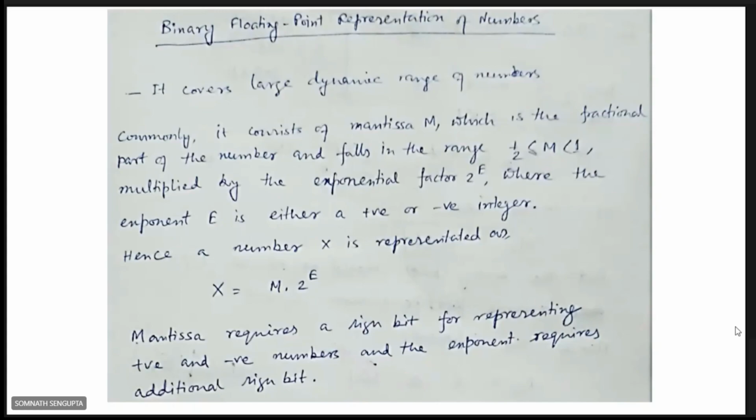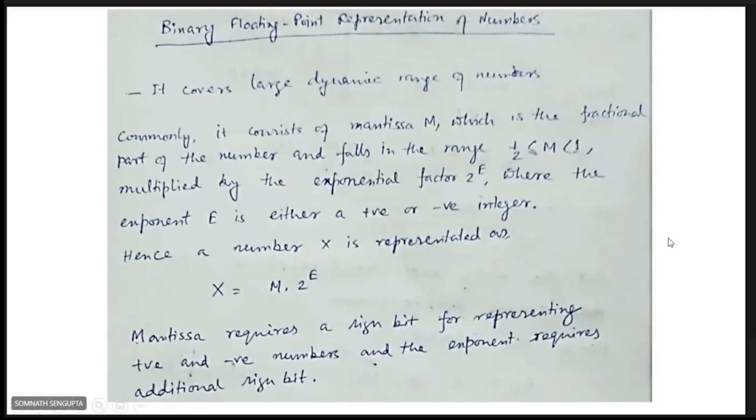The first part you can call the magnitude part. The binary point should be there, but where it should be kept will be designated by the exponent part, which is another part of this register.